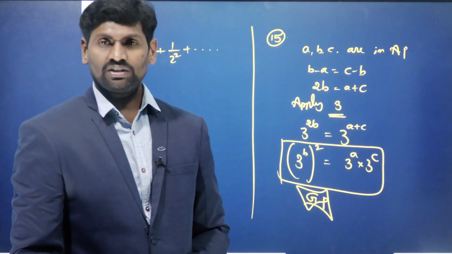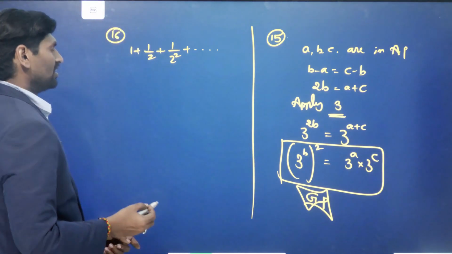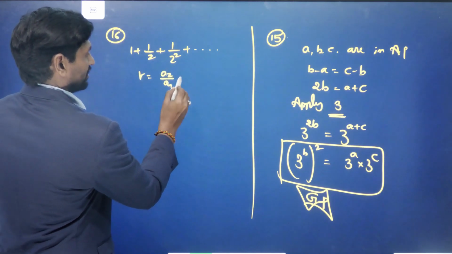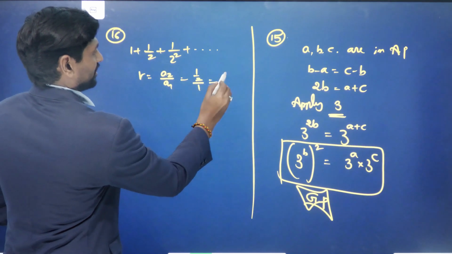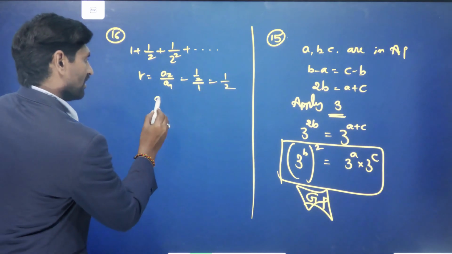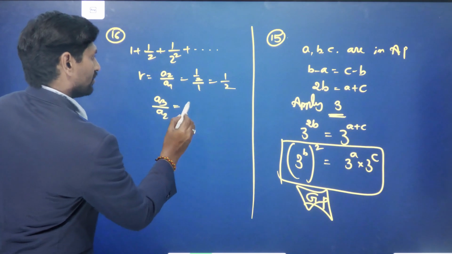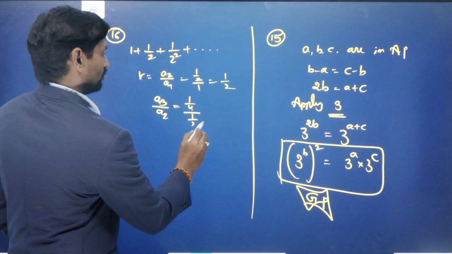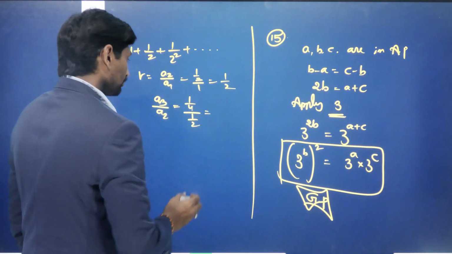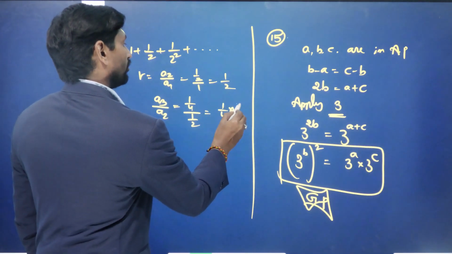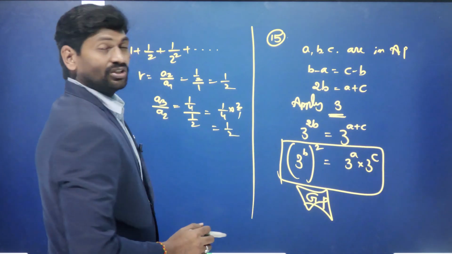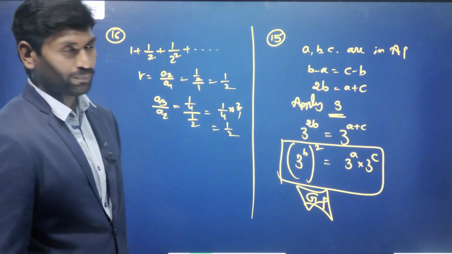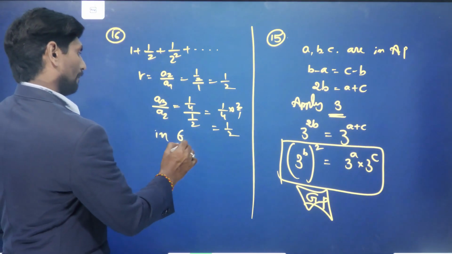Let us see the common ratio: a2 by a1 equals 1 by 2 by 1, nothing but 1 by 2. Same way a3 by a2 equals 1 by 2 square, 2 square value 1 by 4, 1 by 4 into 2 by 1, nothing but 1 by 2. So the common ratio is same between the terms, therefore the series is in GP.